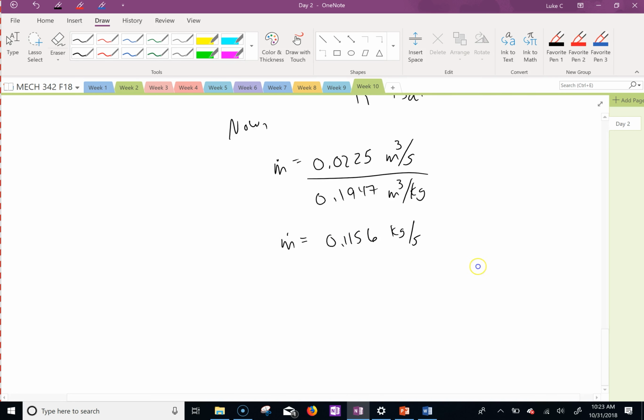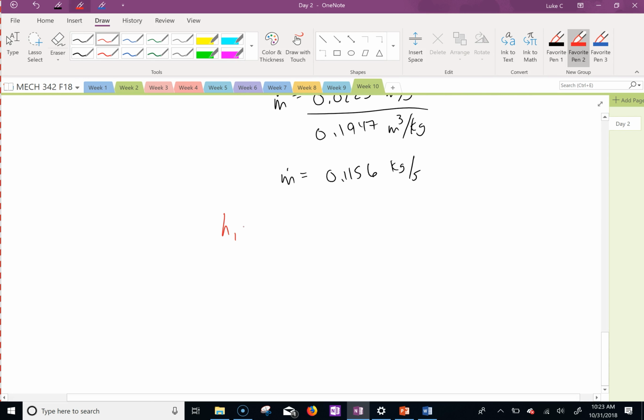Then using table A13, you can find h1 to be 236.33 kilojoules per kilogram, h2 to be 296.81 kilojoules per kilogram, and this is after interpolation.